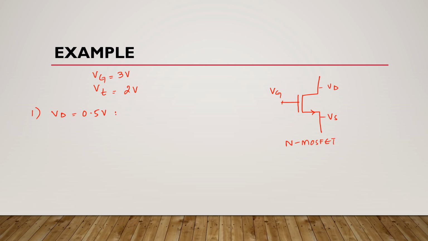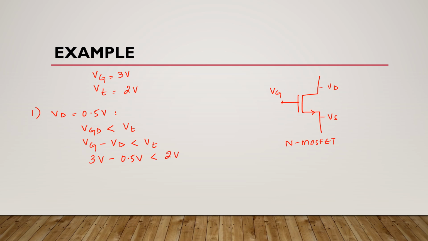We know that in saturation region, the gate to drain voltage is less than threshold voltage. It can be written as gate voltage minus drain voltage is less than threshold voltage. This gate voltage is 3 volts, drain voltage here is 0.5 volts, and here we have 2 volts.